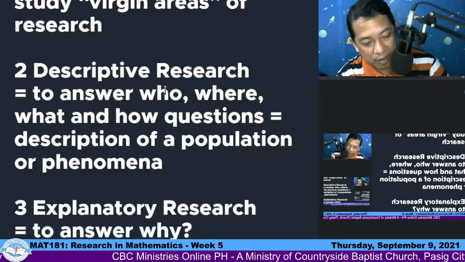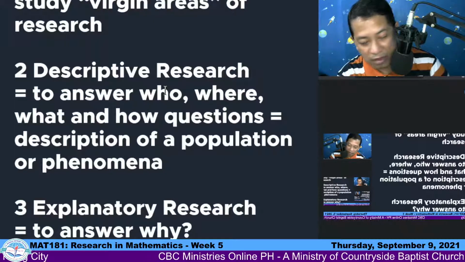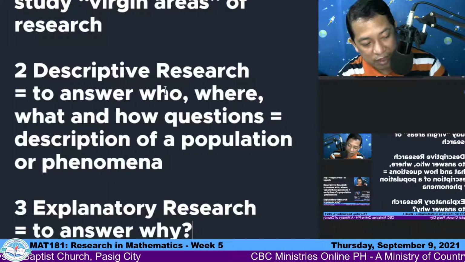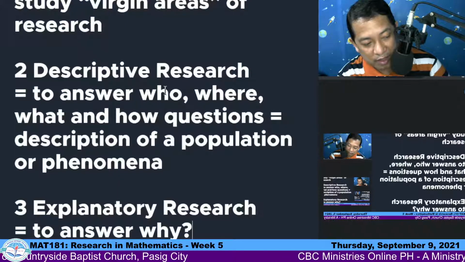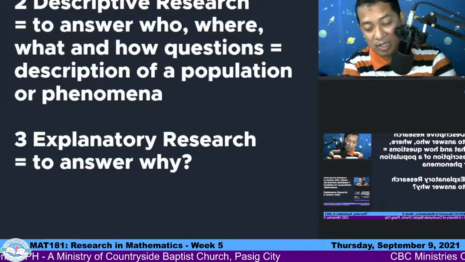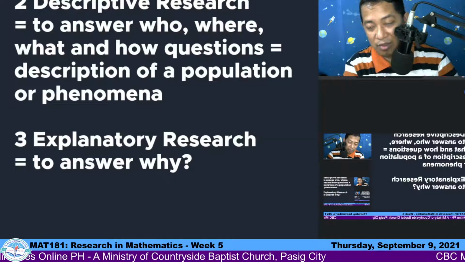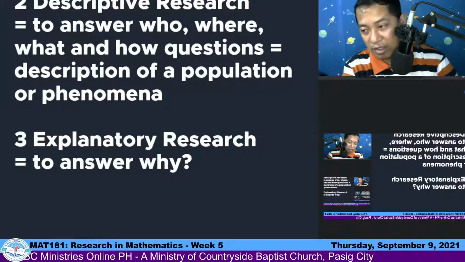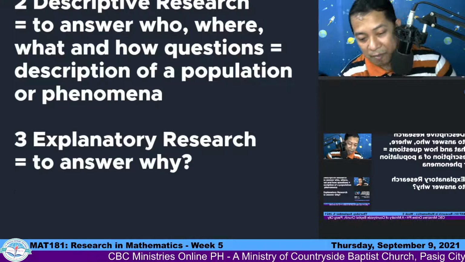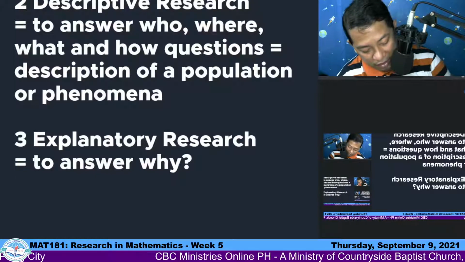It builds on exploratory and descriptive research and goes to identify the reasons for something to occur. Kasi yung descriptive, idi-describe mo lang katangian ng populasyon, perhaps your pupils or perhaps the faculty profile. So these are sorts of descriptions na makikita natin.